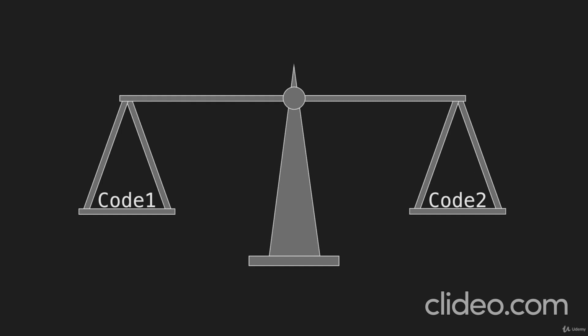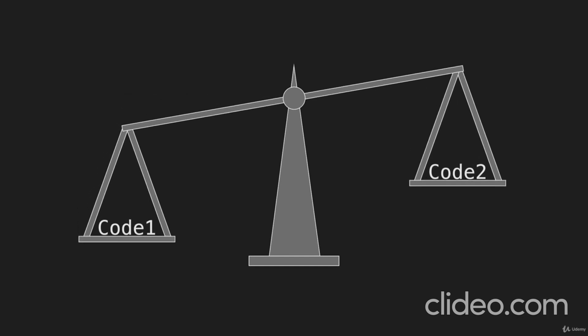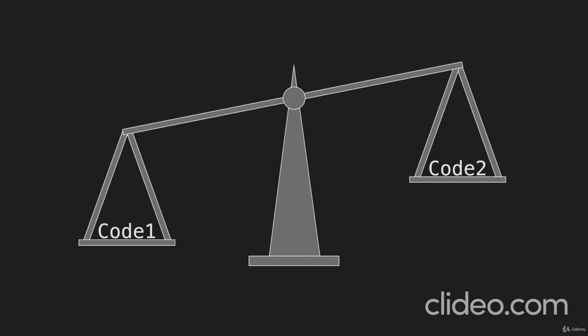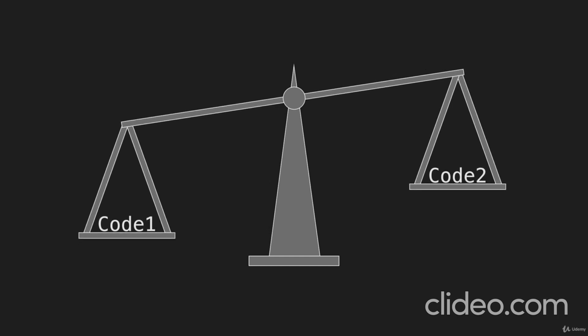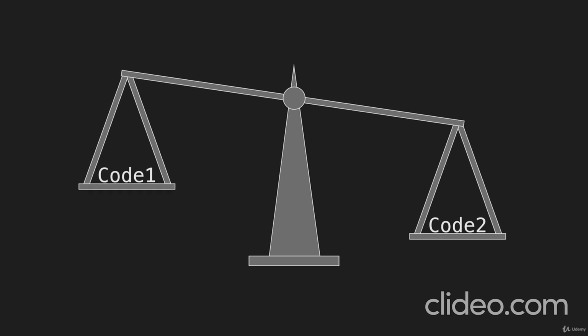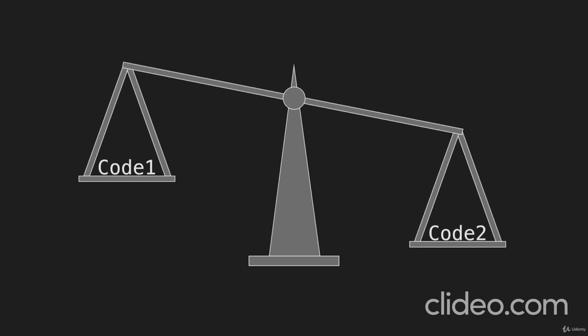Now, both of these are going to accomplish the same thing, but they're written differently. Is code 1 better? Maybe it is easier to read. Or is code 2 better? Well, maybe there are other things that make code 2 better. Well, big O is a way to mathematically figure out which of these two is better, which one runs more efficiently.